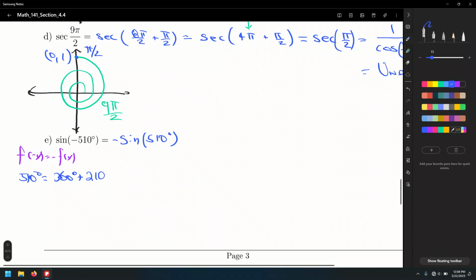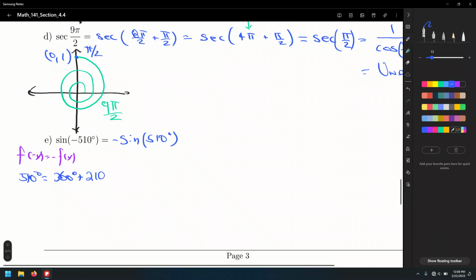Let's stick to the negative version. Let me get my calculator here. 510 minus 360 equals 150 actually.